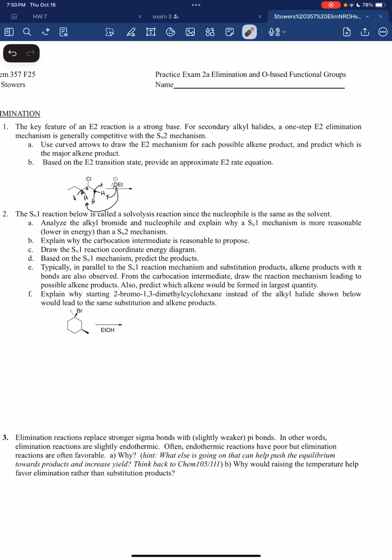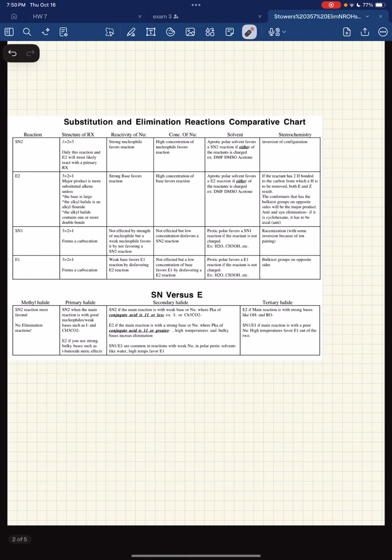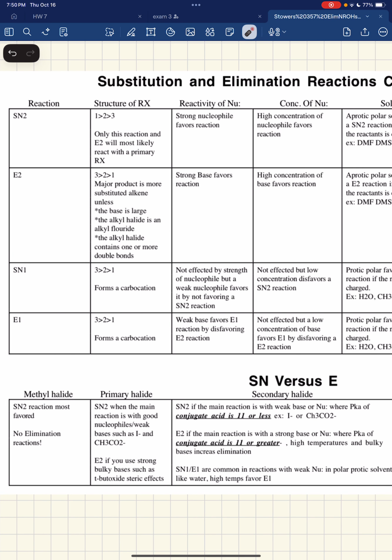All right, the SN1 reaction below for 2 is called a solvolysis reaction, since the nucleophile is the same as the solvent. Analyze the alkyl bromide and nucleophile and explain why an SN1 mechanism is more reasonable, lower in energy than an SN2 mechanism. Okay, if you guys remember, I sent you this chart. Reasons that an SN1 would be more likely than an SN2.